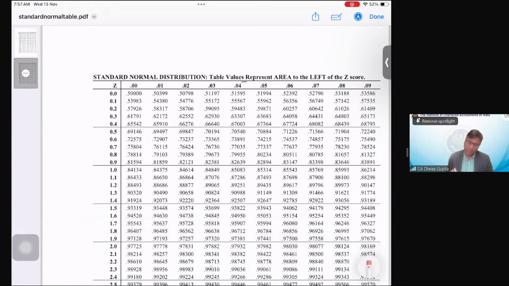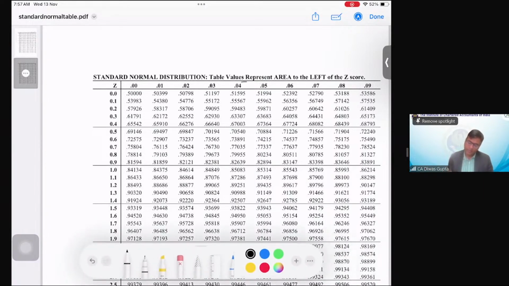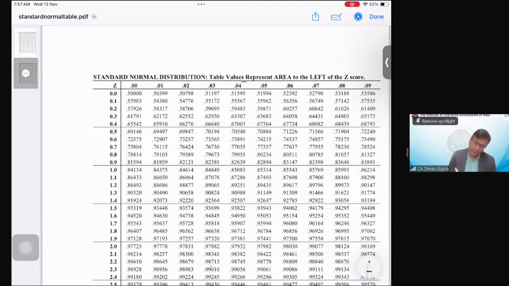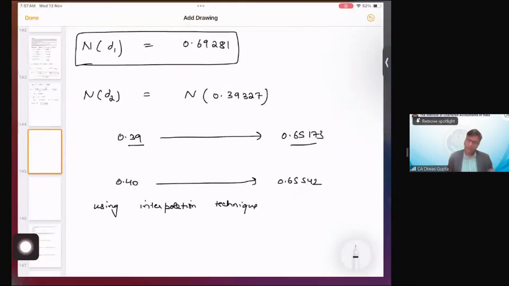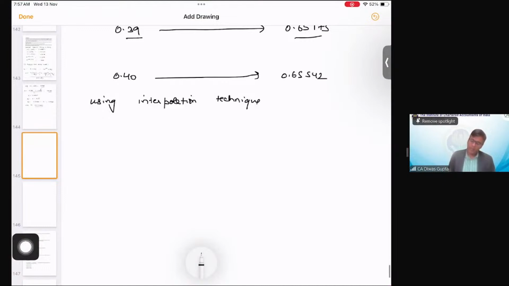Let me just clean it up so that it is better viewed. So 0.39 is this, and 0.40 is this. So we have taken these two values, students. Now here again we will have to apply the interpolation technique.